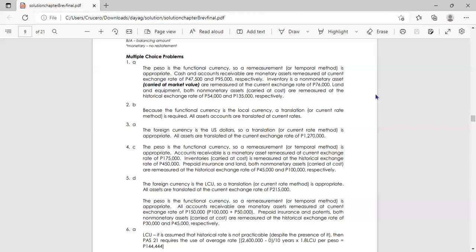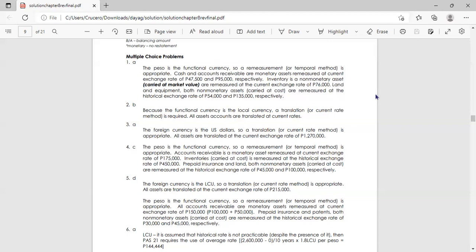20x4. The functional currency is the peso, and the currency of record is the US dollars, and the parent's books are kept in pesos. Information relating to these accounts in pesos is as follows.